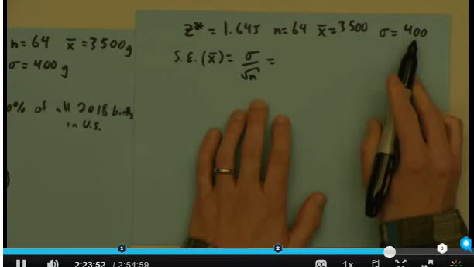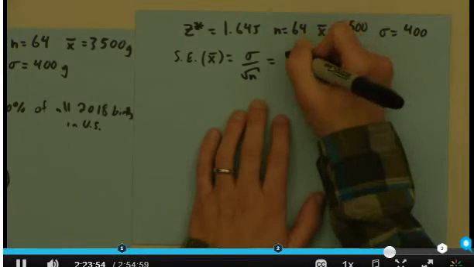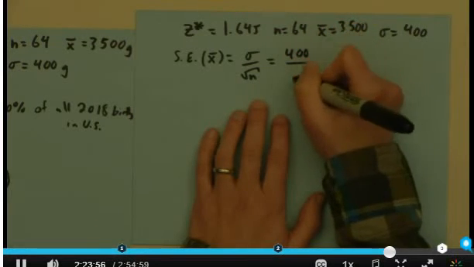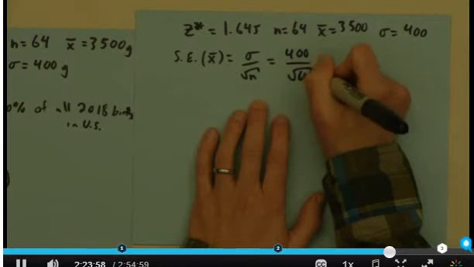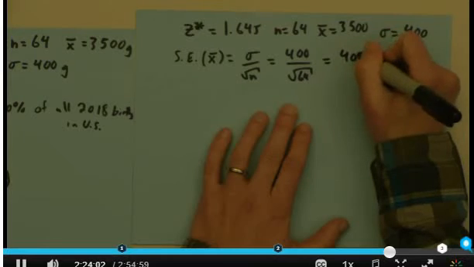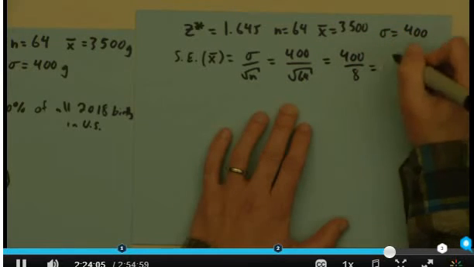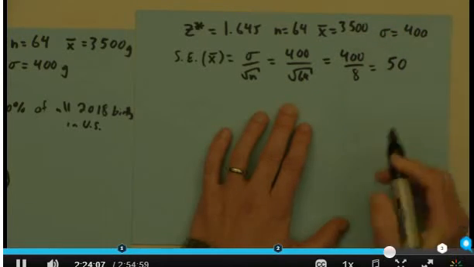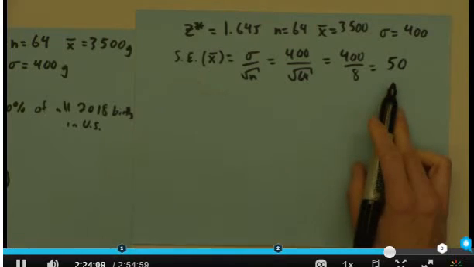Well, it's 400 over the square root of 64. Oh, I can see why I chose these numbers now. Square root of 64 is 8. So my standard error must be exactly 50. It doesn't usually work out that nicely, but happened to in this case because I made up the example.